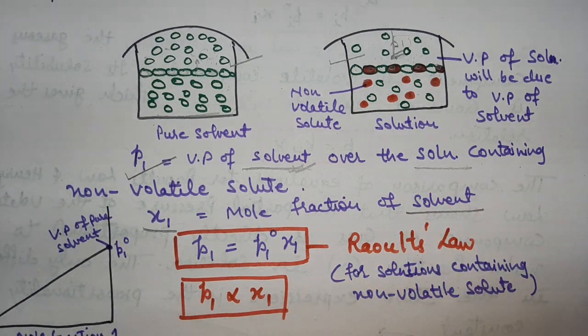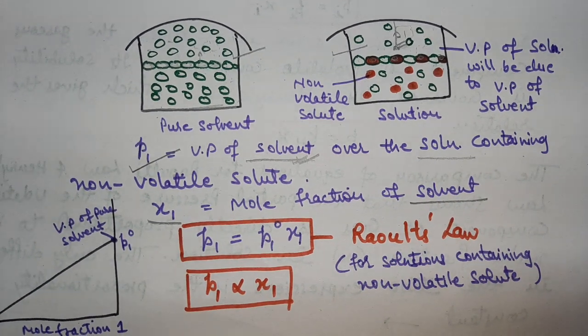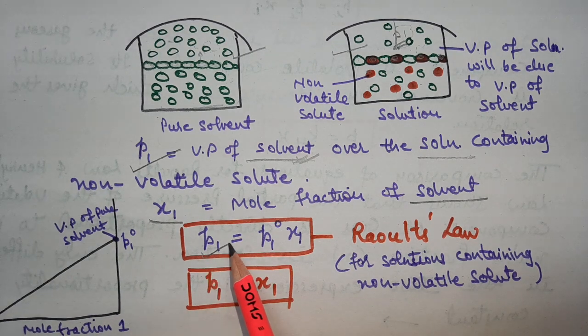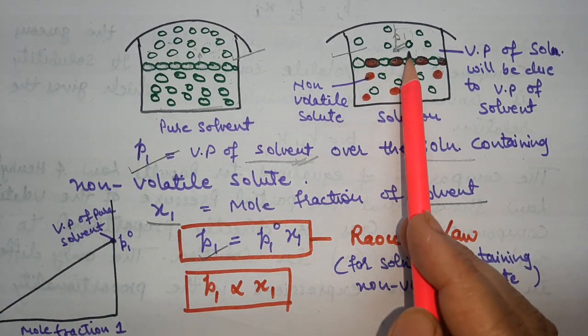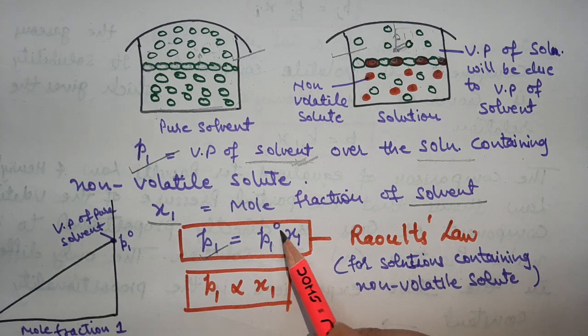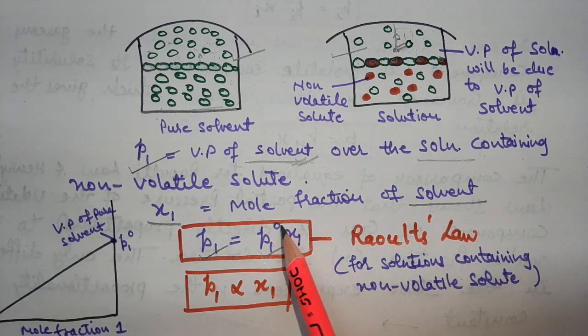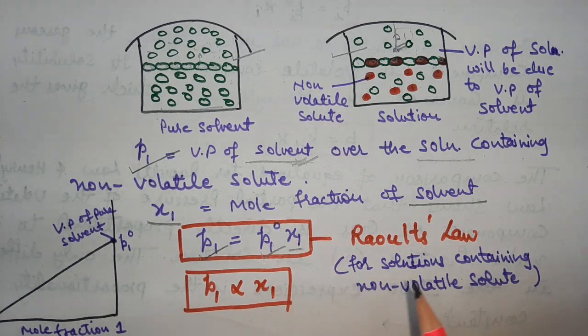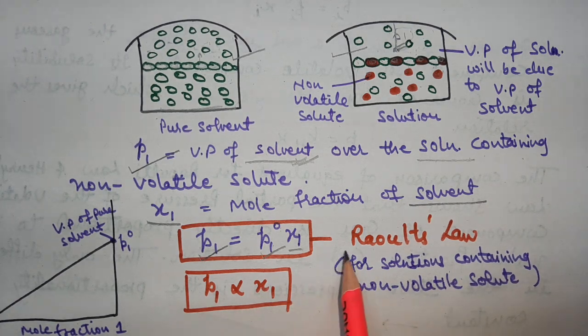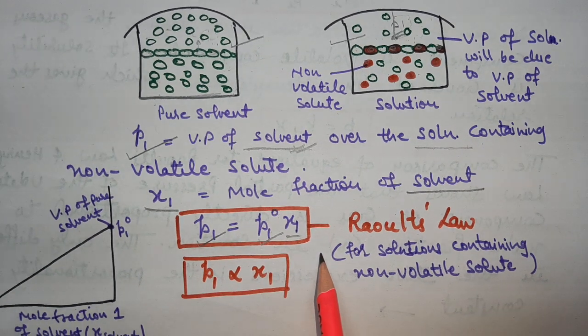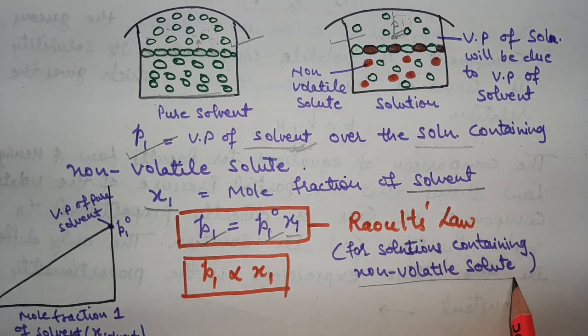Now how will we write Raoult's law for this? This P1 is the vapor pressure over the surface of the solution, P1 naught is the vapor pressure of the pure solvent, and x1 is the mole fraction of the solvent. This is the expression of Raoult's law for the solution that contains the non-volatile solute.